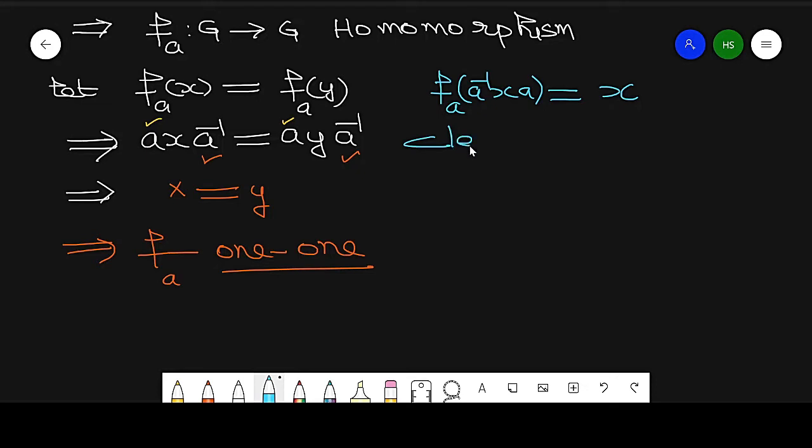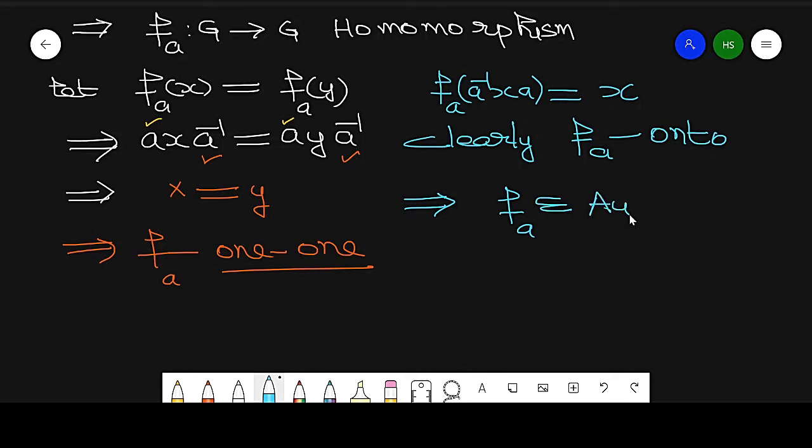So clearly this mapping f_a is onto. Now it is one-one as well as onto, so f_a belongs to the automorphisms of G. So this is called an inner automorphism, and the set of inner automorphisms can be written as I(G).